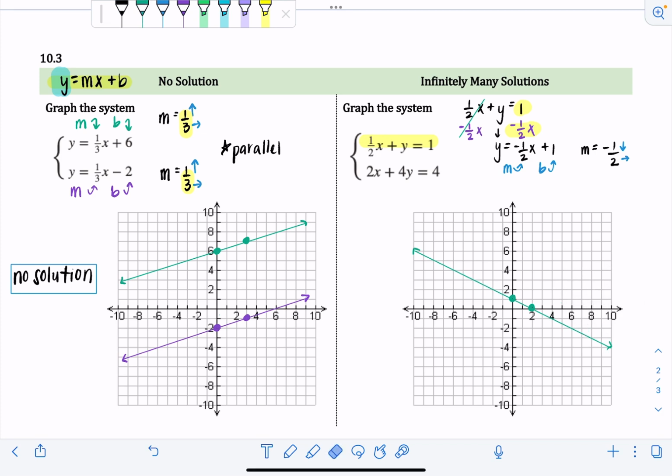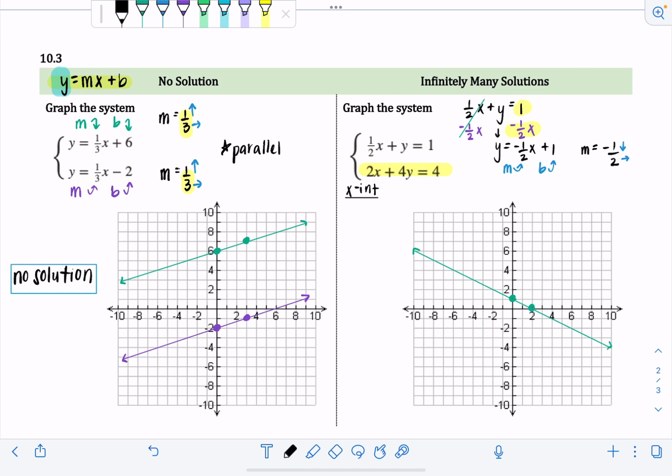And then I can graph my second line now. So I'm going to go ahead and graph 2x plus 4y equals 4. This one I'm going to graph by finding the intercepts. That's one of the main ways that you graph equations that are in standard form. So let's say we want to find the x-intercept first.